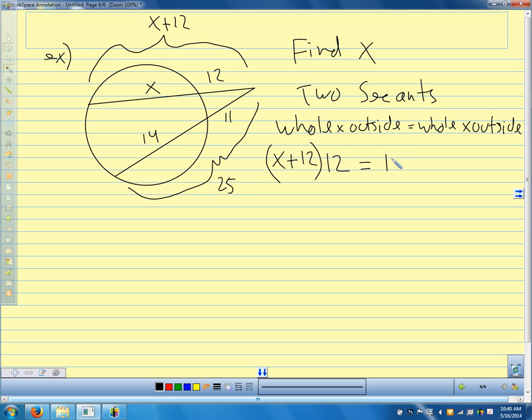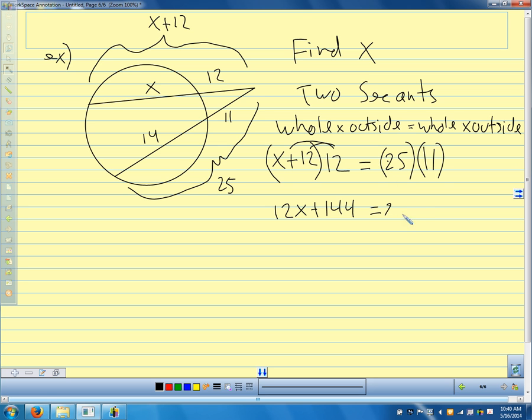So the whole is 25 times the outside part, 11. I'm going to distribute here. So 12x plus 144 equals 25 times 11.